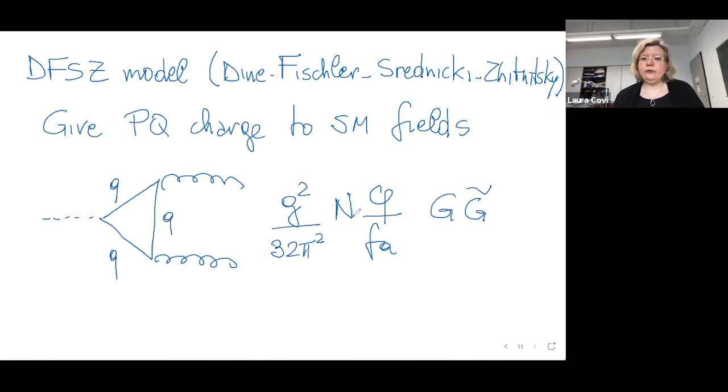Now, this factor of n, you would think it's not so important, but actually it is, because it also changes the vacuum structure. If you have many fields running in this loop, the periodicity changes, and you have a period which is shorter by 1 over n.